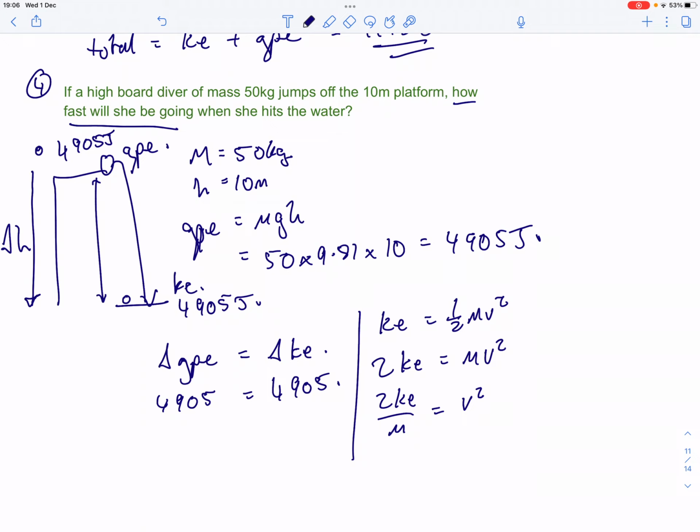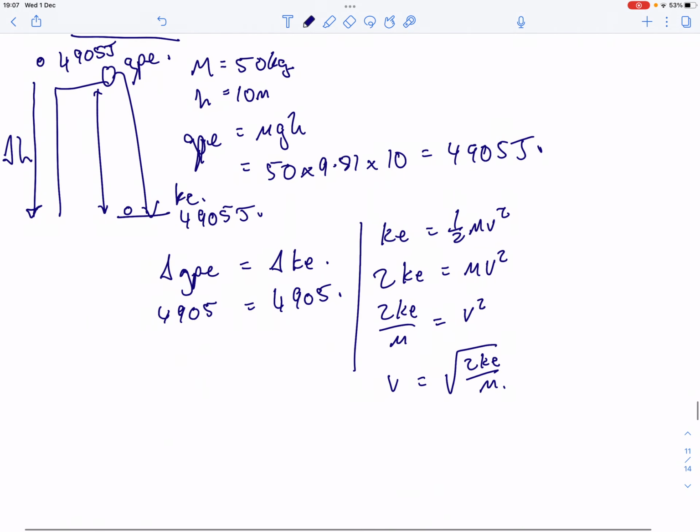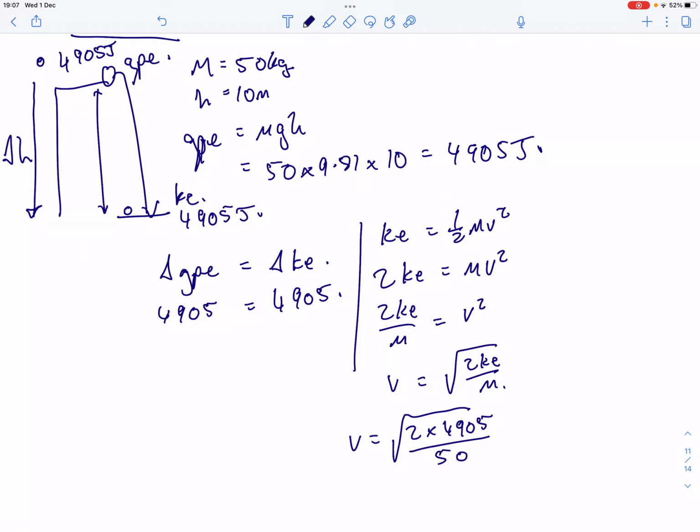And the last step is to take the square root of both sides, which is going to give us v on its own. I'm also going to flip the equation at this point. So v is equal to the square root of 2 times the kinetic energy divided by the mass. And then it's just a case of plugging the numbers in. We have v is equal to the square root of 2 times 4,905 divided by the mass of the diver, which is 50 kilograms.